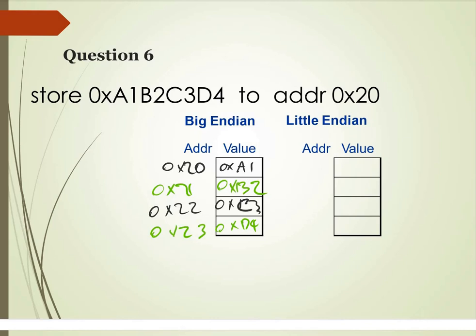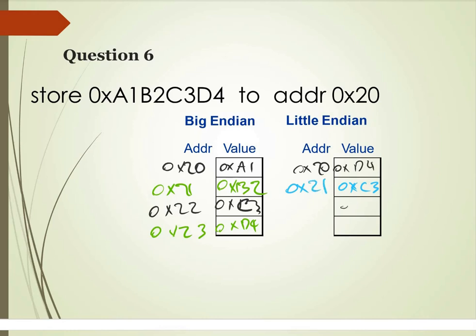Instead, if we are using little endian, we store 0xD4, which is the LSB, at 0x20. Then we have 0xC3 at address 0x21.